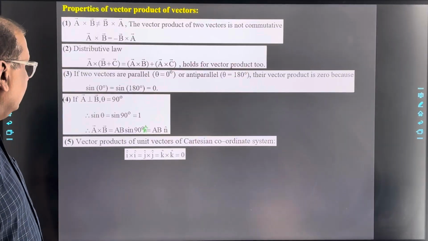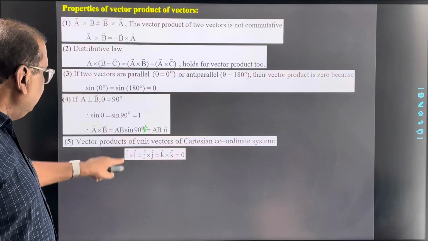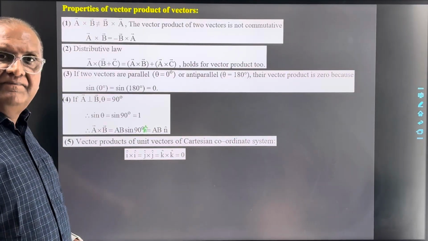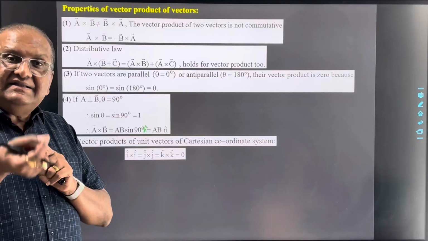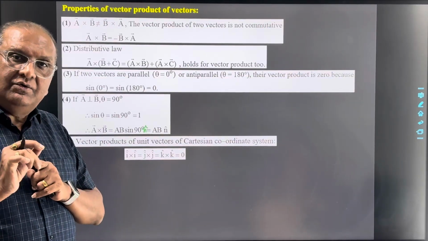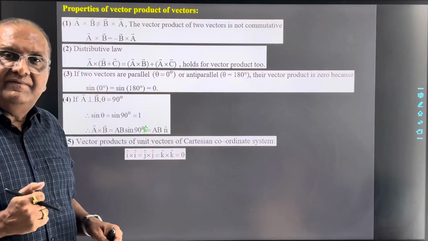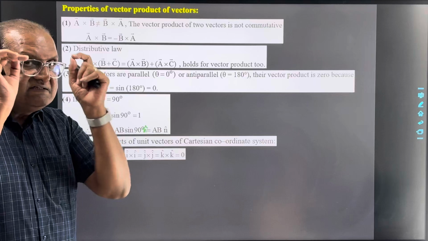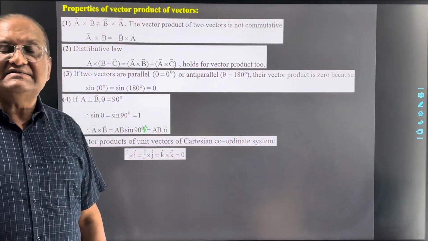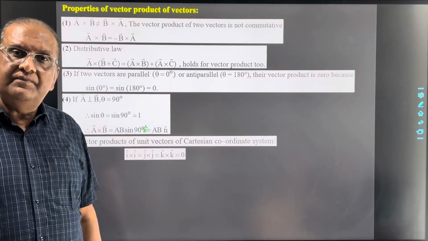Suppose here we take i cross i, then we can write magnitude of i, that is 1, magnitude of i, that is 1, then sine theta, that is sine 0. In this case, theta will be equal to 0, sine 0 is 0. So i caret cross i caret will be equal to 0.